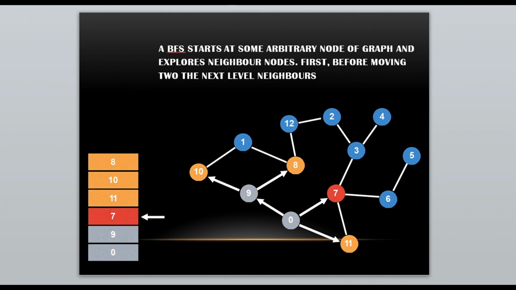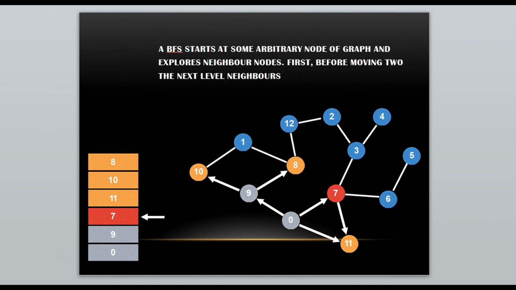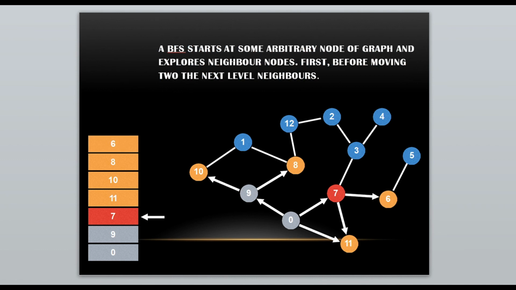Then we add all of 7's unvisited neighbors to the queue. At this point, we try to visit node 11, but it is already in the queue, so we don't need to add it again. So we can skip it. Then we will add 6 to the queue and 3 to the queue.